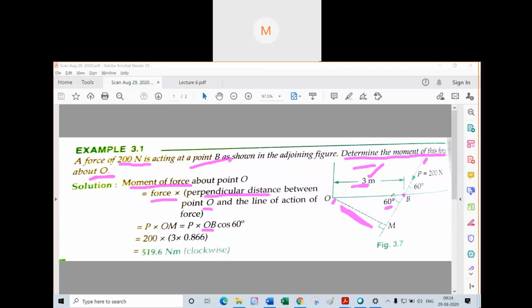Now if we have to know the cos theta component of something, we all know like this, no?